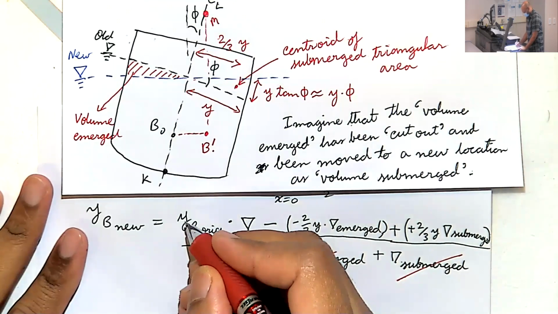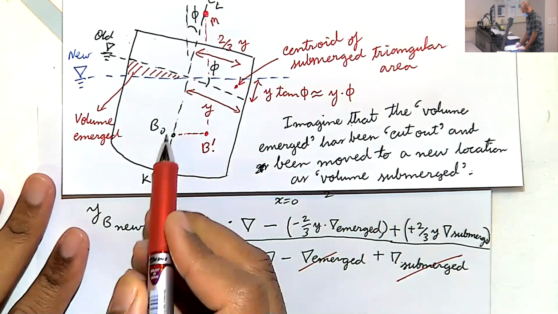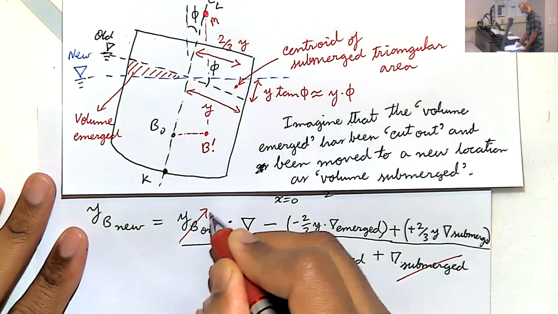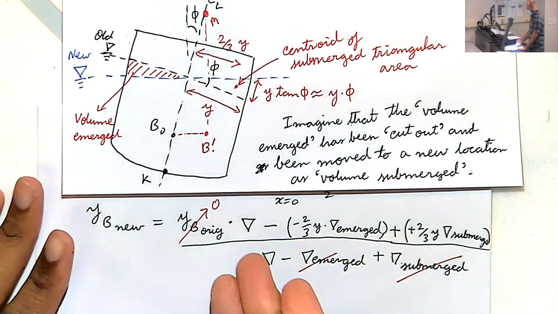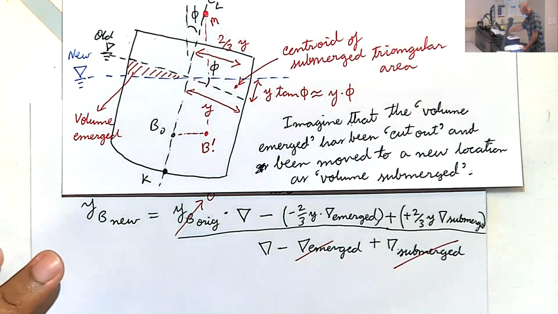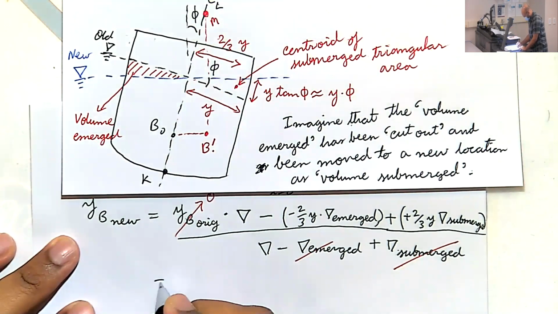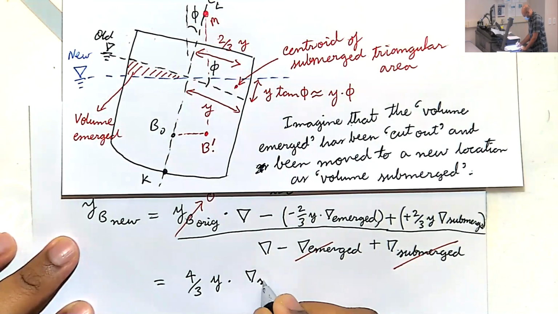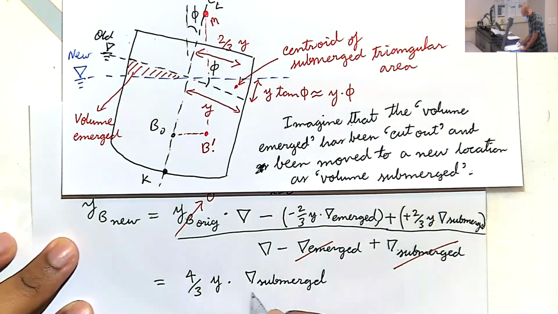Oh, right, look, there's a location. This YB original location falls on the center line, so we know this is exactly equal to 0. And we'll be left with some stuff. So we have 4/3 y times nabla submerged over nabla total.